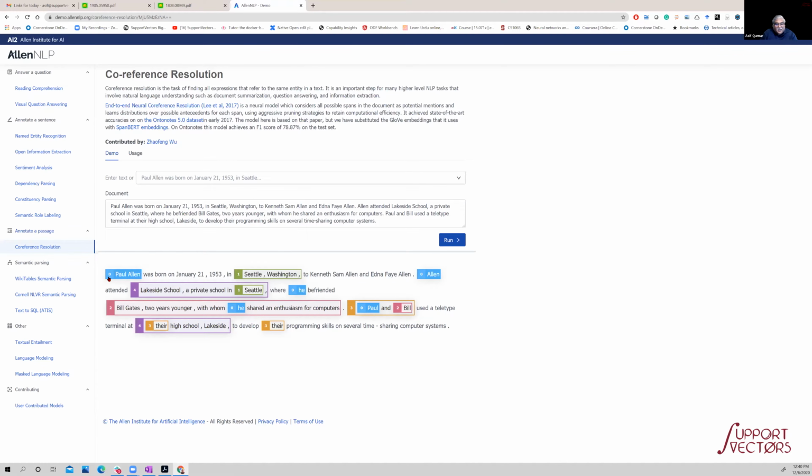That is correct. At the same time, it has its relationship to all of these other entities. So let us look at the definition of coreference, and based on this example, it says coreference resolution is the task of finding all expressions that refer to the same entity in the text.